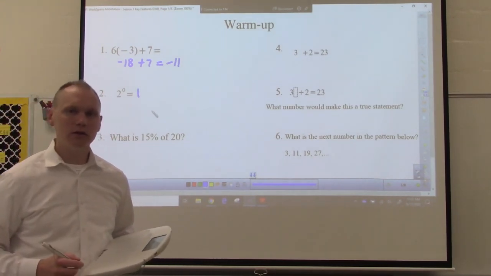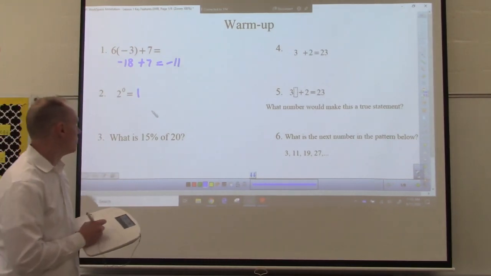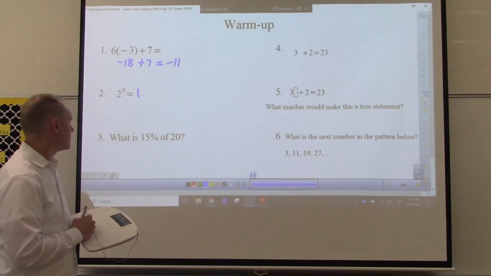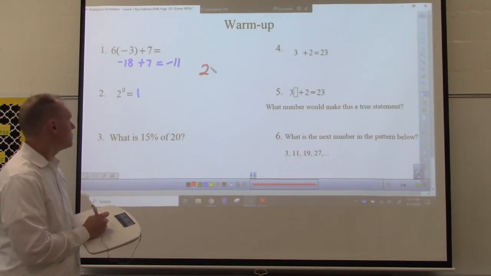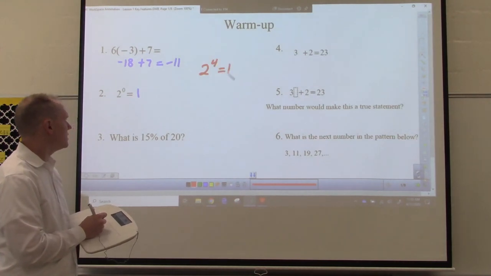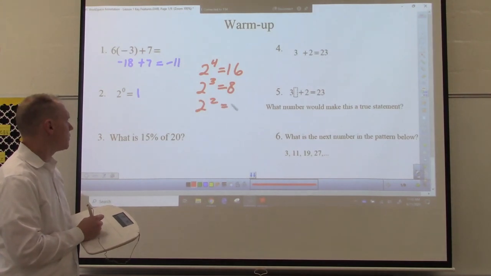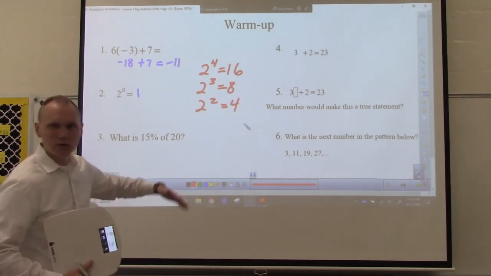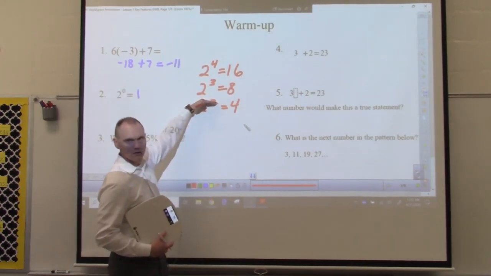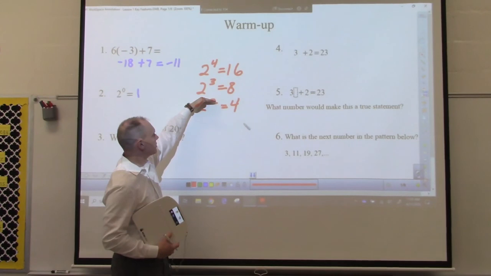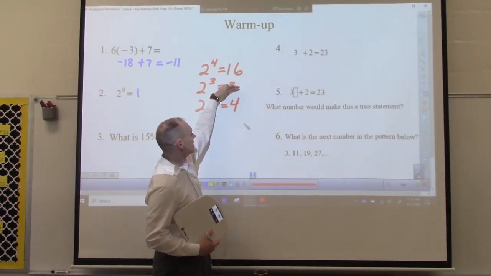Let's take a look a little more in depth into why that is. Let's, for instance, take a look at the powers of 2. So we have 2 to the 4th is 16, 2 to the 3rd is 8, 2 to the 2nd power is 4. And if you notice the pattern here, every time we reduce the exponent by a value of 1, we're dividing by 2.